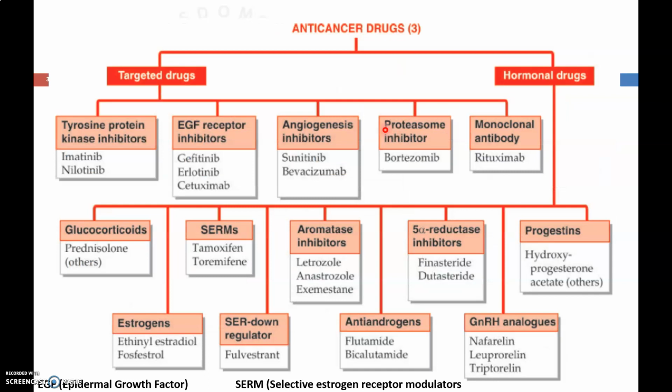Now there are other types of anti-cancer drugs, like targeted drugs such as tyrosine kinase protein inhibitors, epidermal growth factor inhibitors, angiogenesis inhibitors, proteasome inhibitors and monoclonal antibodies, and also different hormonal drugs like glucocorticoids, estrogen, selective estrogen receptor modulators, selective estrogen receptor down regulators, aromatase inhibitors, antiandrogens, 5-alpha reductase inhibitors, gonadotropin releasing analogs and progestins. All these hormonal drugs we will discuss in the pharmacology of the endocrine system, the different drugs which are used for hormonal disorders.